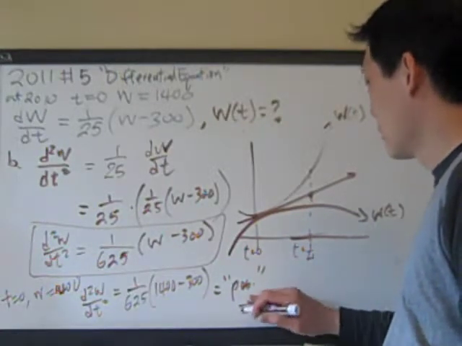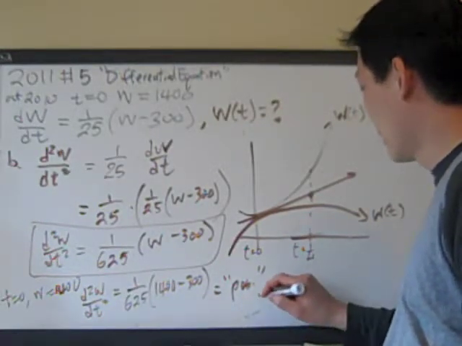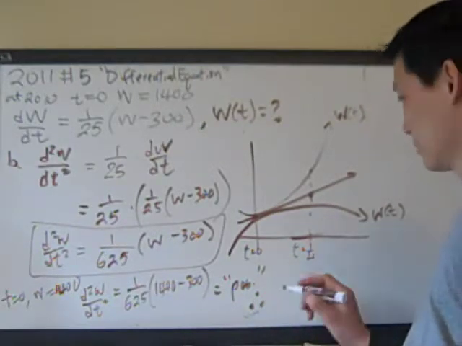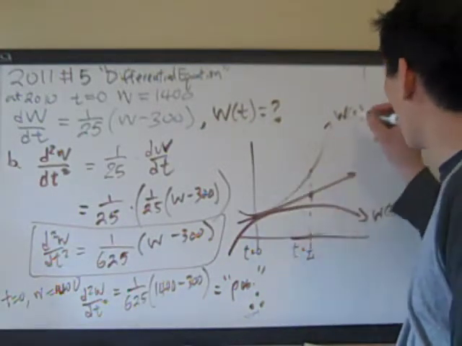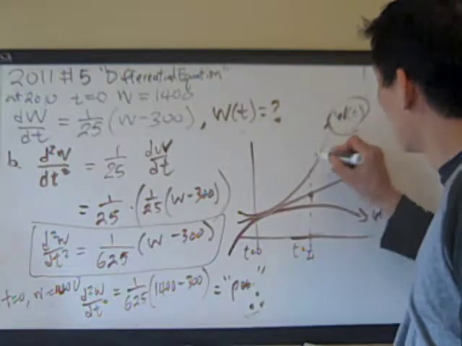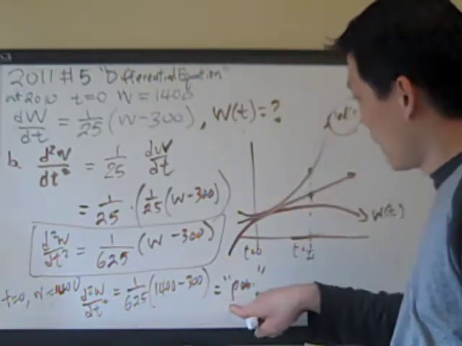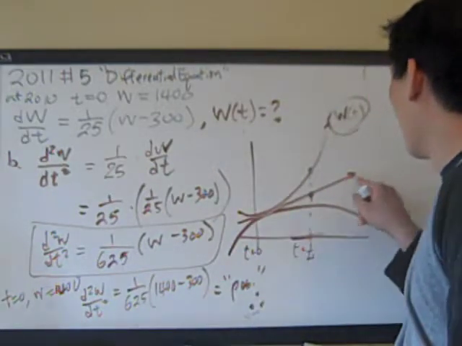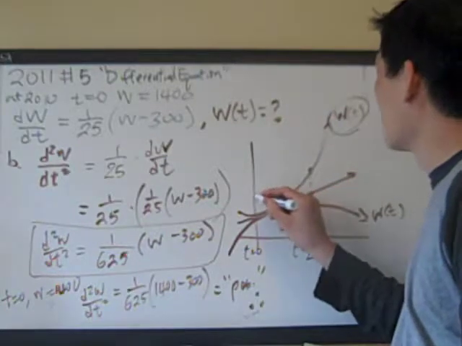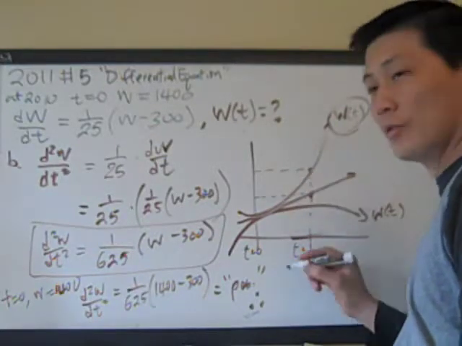Therefore, because it's concave up with a positive second derivative, our tangent estimation will be an underestimation.